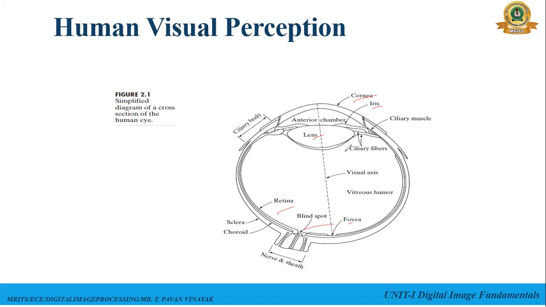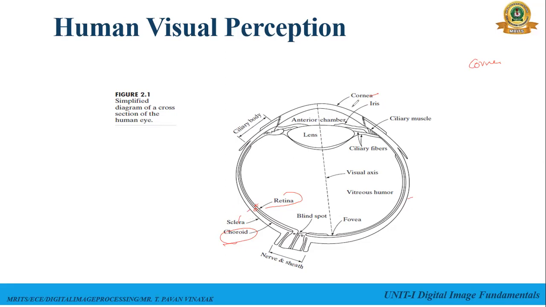Basically, the important membranes of the eye are cornea, cilia, next one is choroid and third one is retina. So three membranes are there. See, first one, second one, third one. So the entire eye consists of three membranes.